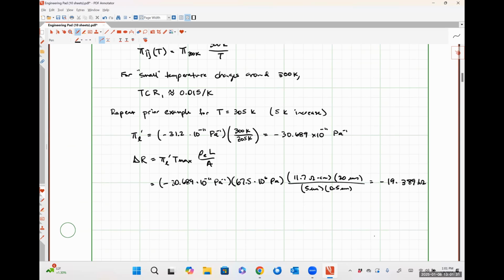But let's see what happens if we deal with our change in resistance due to the resistivity, right? So let's call this delta R subscript T for change in resistance due to the temperature dependence of resistivity. We would find this by taking the temperature coefficient of resistance, multiplying it by the change in temperature, and then rho L over A. So just our nominal resistance.